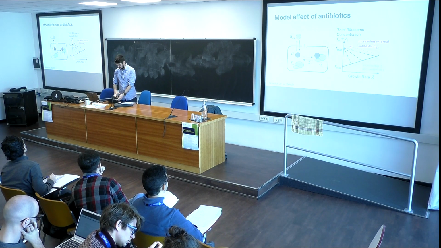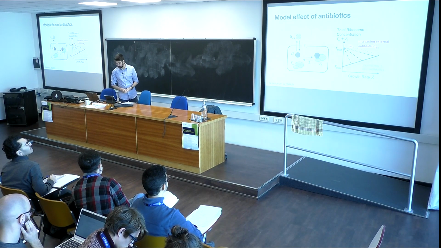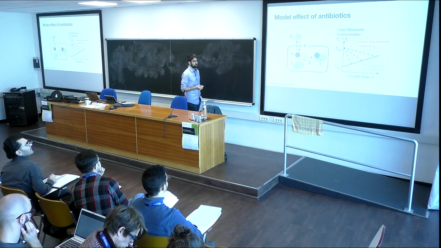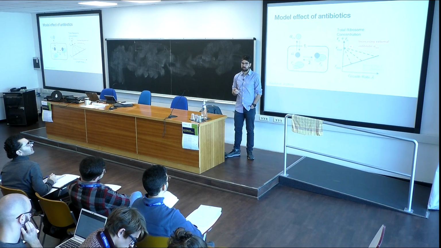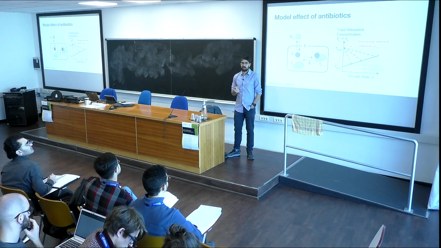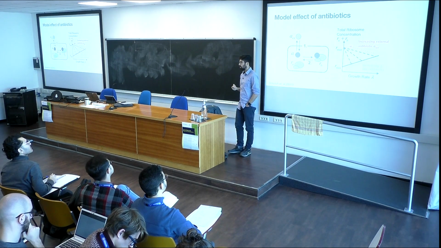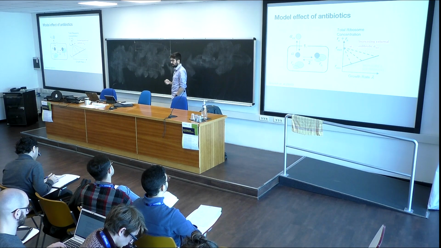So these are all antibiotics that affect how ribosomes work, and we want to describe how they act. Remember that what we want to characterize is how the growth rate depends on the concentration of antibiotics. So we'll need to have explicitly a parameter, an input, which is how much antibiotics we put in the culture.